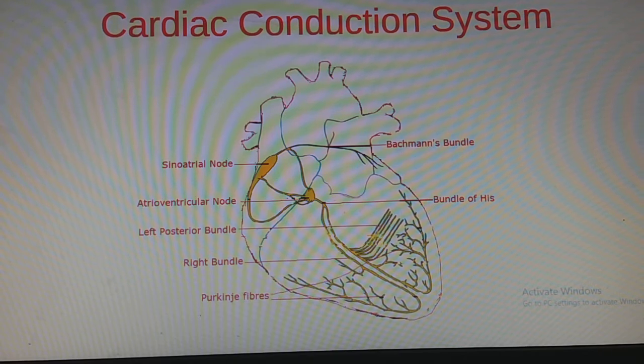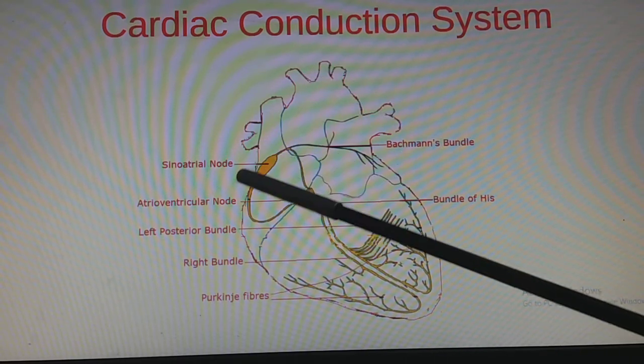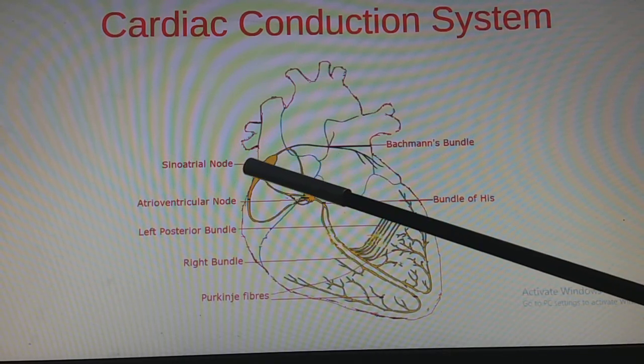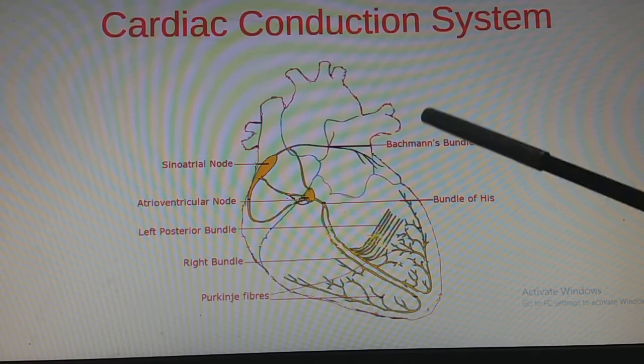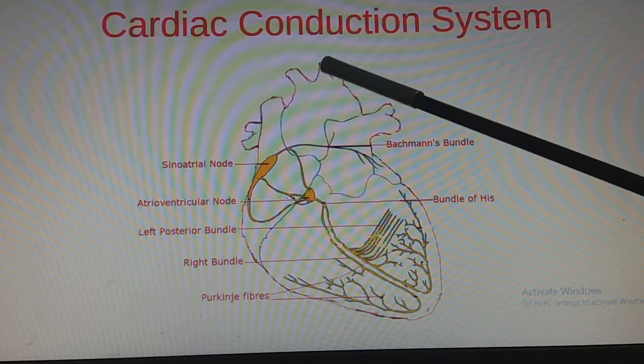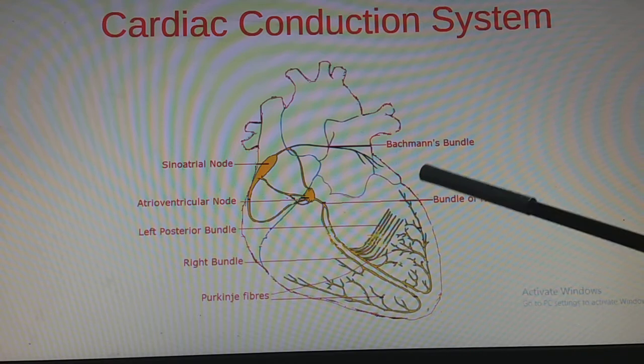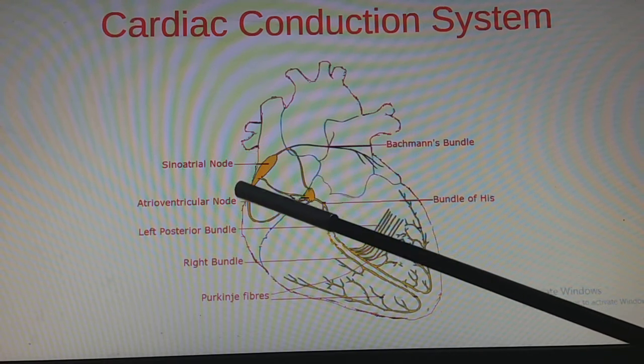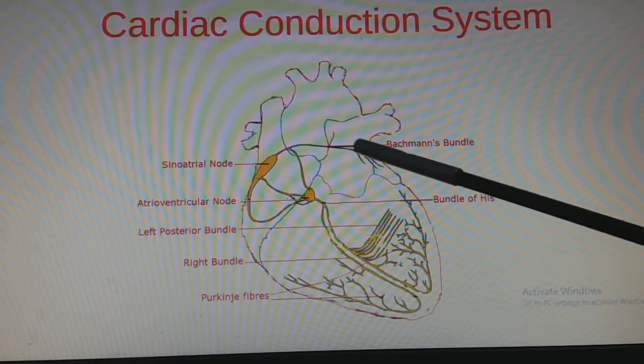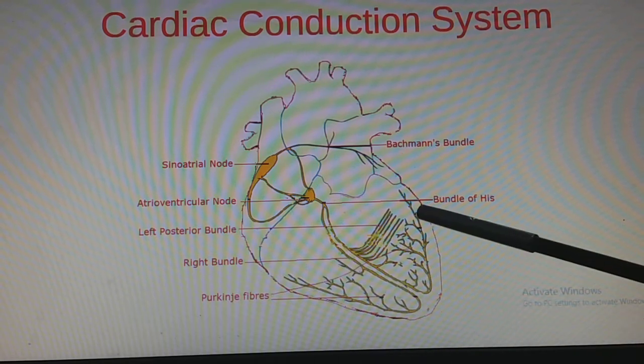First of all, we discussed the anatomy of the heart, and on the anatomy, this conduction system is situated. After studying the anatomy, we are studying this conduction system which lies on the heart.